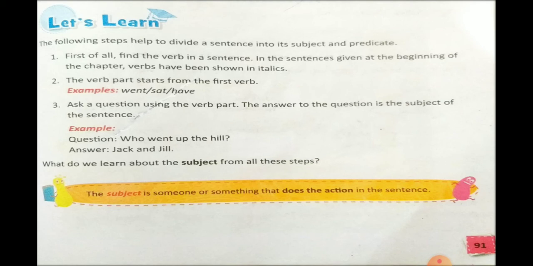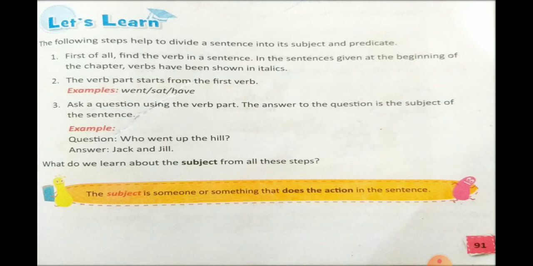So first of all, find the verb in the sentence. So what is our first work? We have to find out the verb, the doing word in the sentence. In the sentences given at the beginning of the chapter, verbs have been shown in italics. So it is written in a slanted manner.